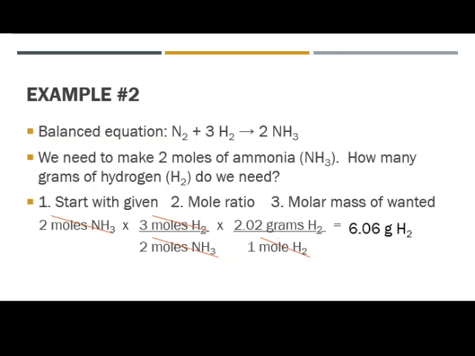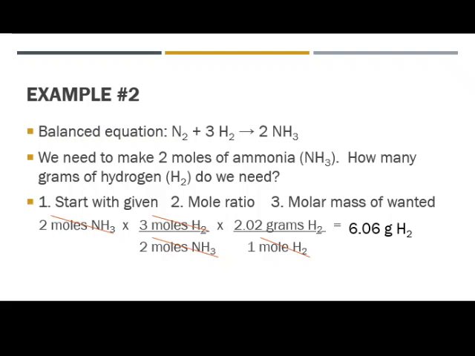And you could multiply by 2.02 and divide by 1, and you will get 6.06 grams of hydrogen. So what does that mean? That means if I have 2 moles of ammonia, if that's what I want to make, then I need to definitely start with at least 6.06 grams of hydrogen, not moles, grams. So I can definitely measure that.